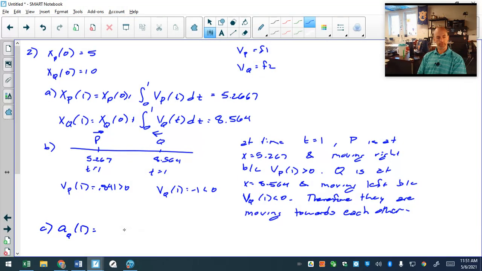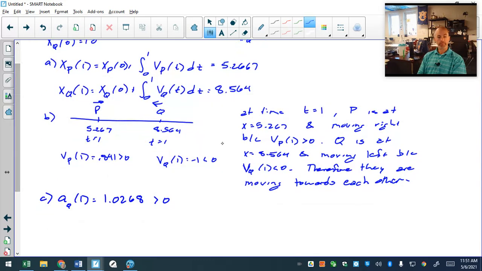1.0268. That is a positive value. In part B, we found out that the velocity was negative at 1.